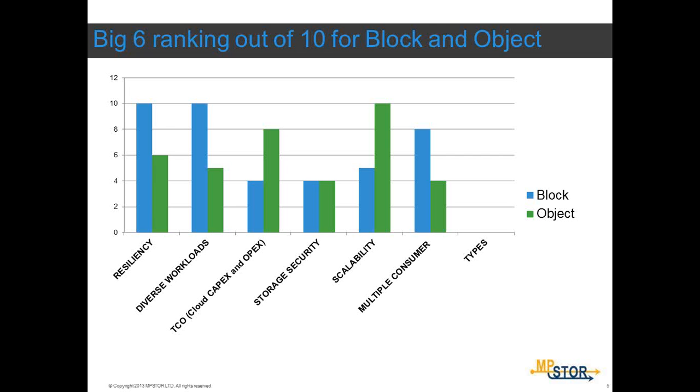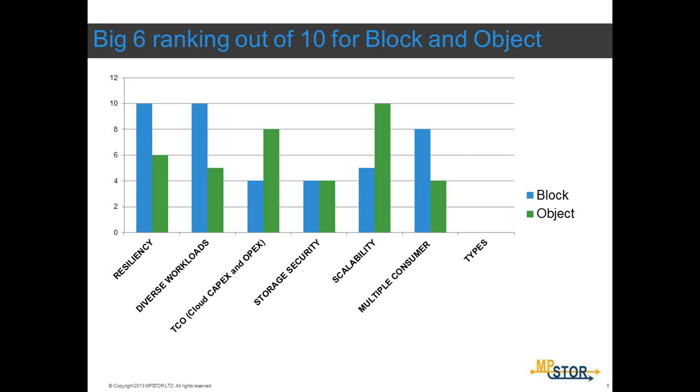In terms of diverse workloads, we'll have a little look later on that the whole semantics of object storage don't lend themselves to transactional type operations. So for very wide diverse workloads, block storage does have a better story and a better ranking.